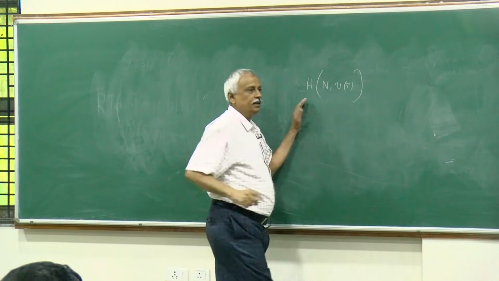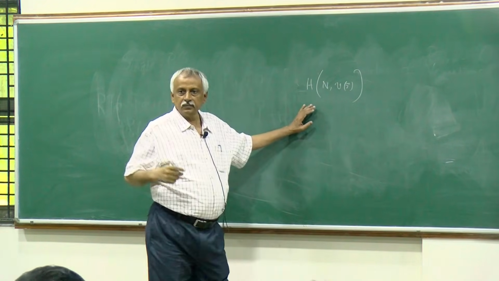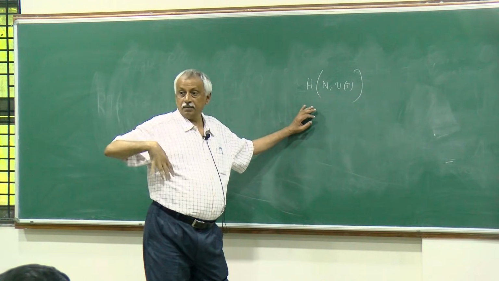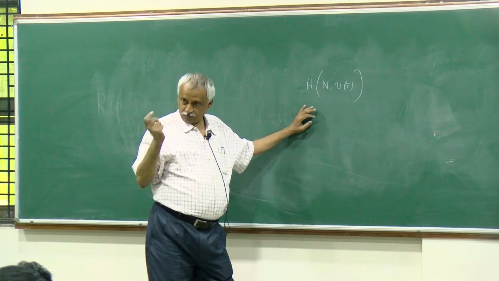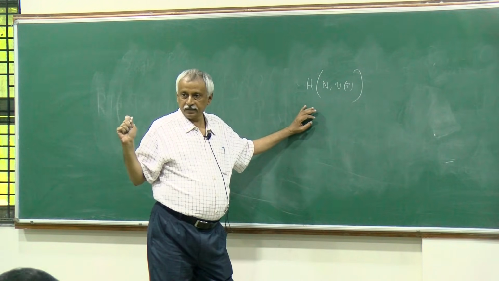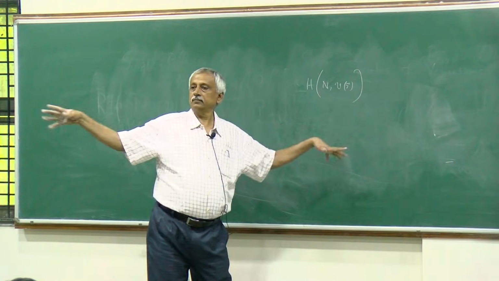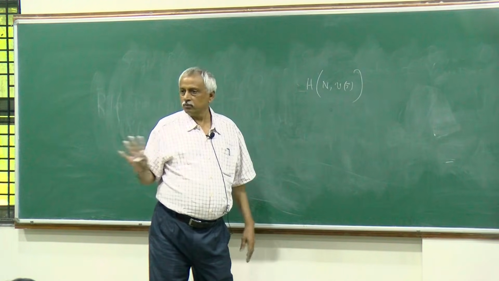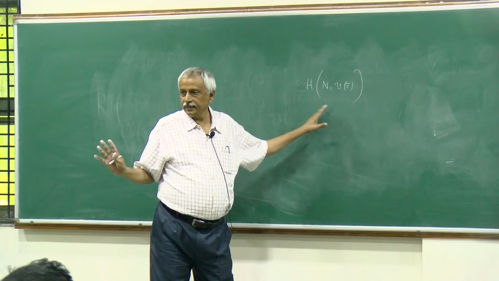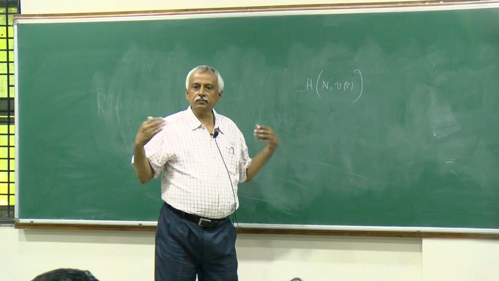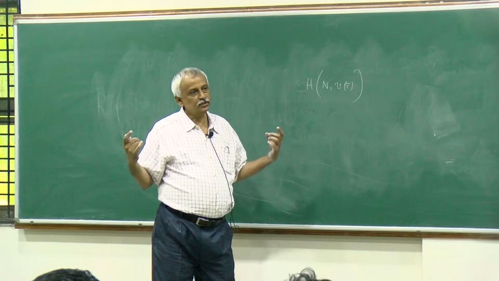If you remember the Hamiltonian, the way it was written, if I have to write minus half del I square, sum over I equal to 1 to N, I have to know the number of electrons to specify that, and the external potential I have to specify. Rest everything depends on density or other. I don't need anything else. N and V(r) will tell me completely, it contains all the information about the system.